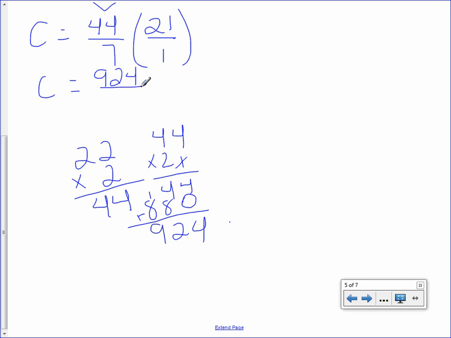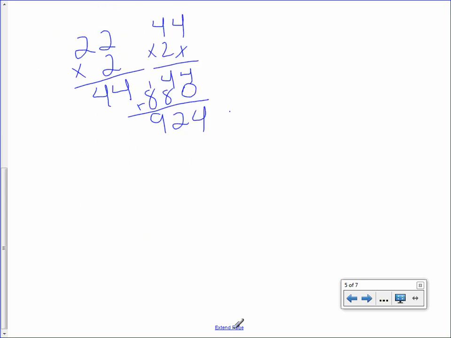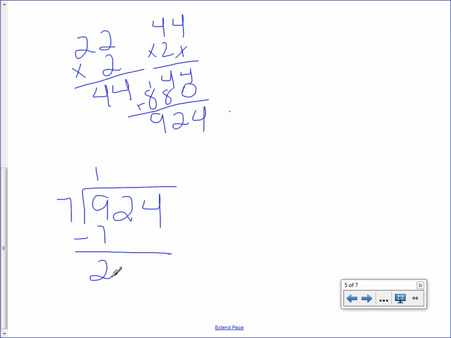We still have to multiply the denominators. 7 times 1, which is 7. Again, remember that fractions are division. So let's do the long division of 924 divided by 7. 7 goes into 9 once. Bring down the 2. 7 goes into 22 3 times, which is 21.